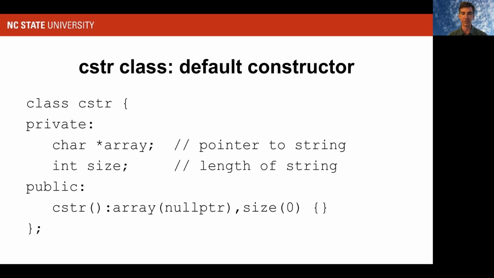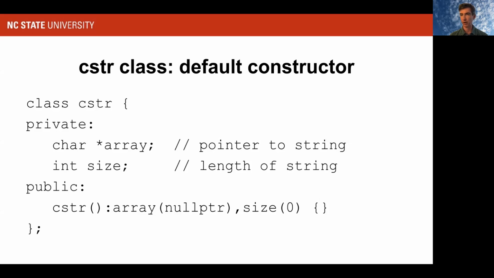Now this is a notation I haven't showed you much before, but when we write a constructor and we are only initializing the fields to constants, we can use this alternative notation where, after the constructor name and parentheses, we just put a colon, and then we list the fields in a comma separated list, and then in parentheses, we place the values we want it to have.